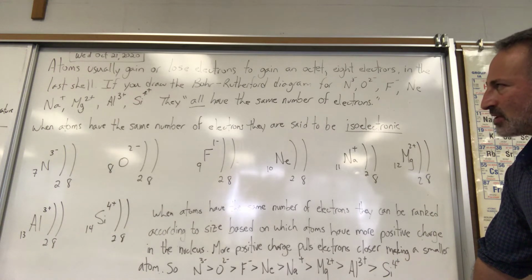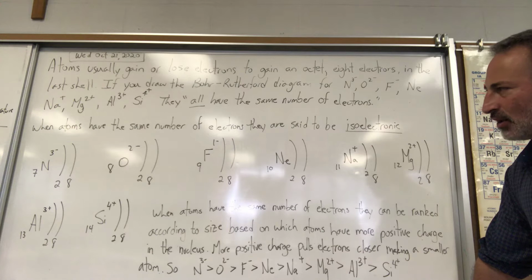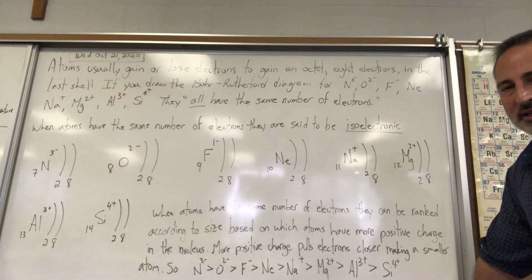Well, it's based on the simple idea that most atoms, when they get a charge, are trying to achieve a stable octet. Having 8 electrons in the outer shell provides a more stable atom, because it basically approximates the configuration of the noble gases.